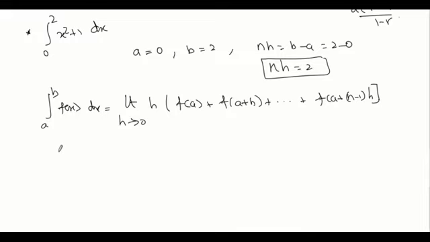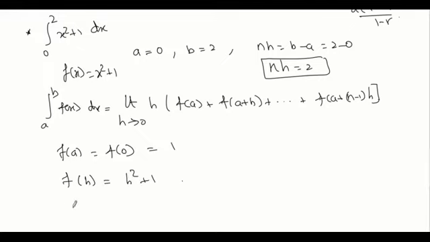Now we will be finding one by one. What is f of a? It is nothing but f of 0. The function f of x over here is x square plus 1. So f of 0 is nothing but 1. Then f of 0 plus h, it is h square plus 1. Then f of 2h, because 0 plus 2h, a is nothing but 0 here, it is 2h whole square plus 1.